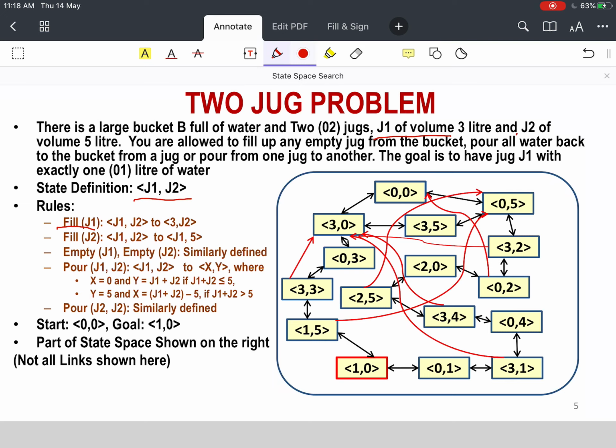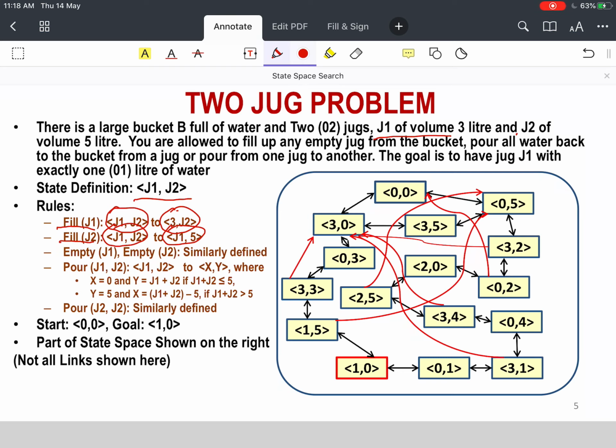We have fill J1, which means that J1 can be filled from the tank. So whatever was (J1, J2), this is how it is written, it becomes (3, J2) because it is now full. Secondly, fill J2: whatever was (J1, J2) now becomes (J1, 5) because it is full. Similarly, empty J1 will make J1 0, empty J2 will make J2 0.